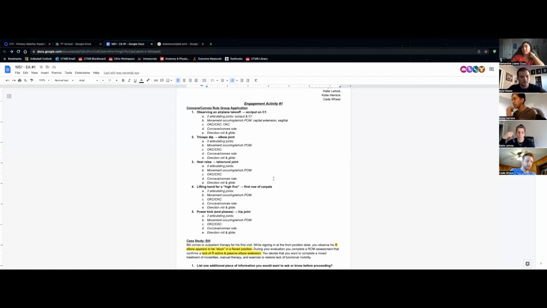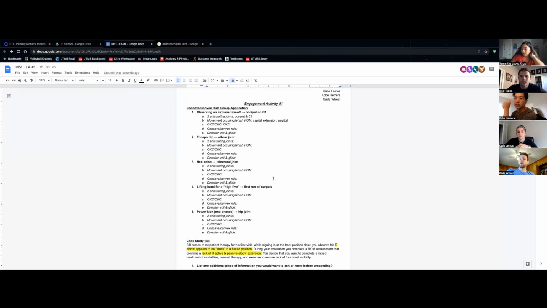I'll pull up my notes again real quick. Oh, so then maybe it would be the occiput on C1, because proximal is whatever is more towards the center of your trunk.